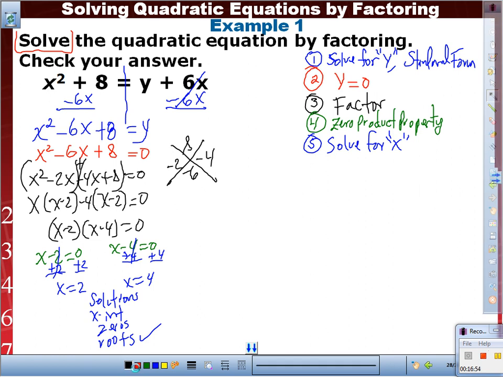Step number 6. Writing utensils down. Pay attention. Here we go. Ready? All right. Graph.